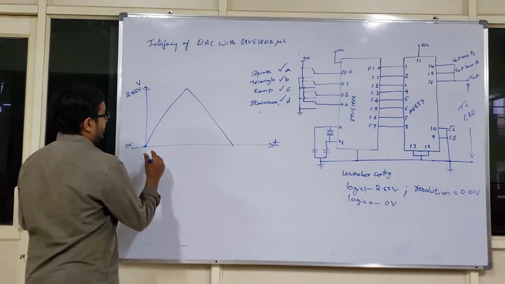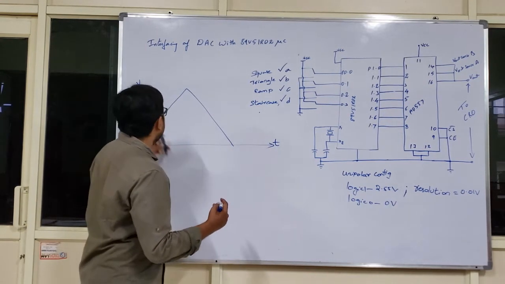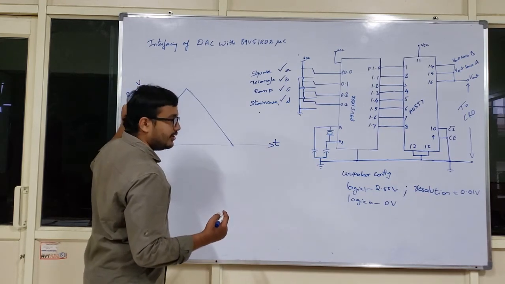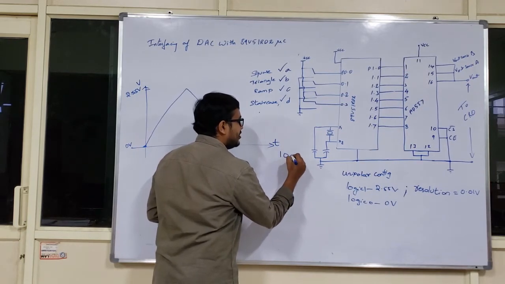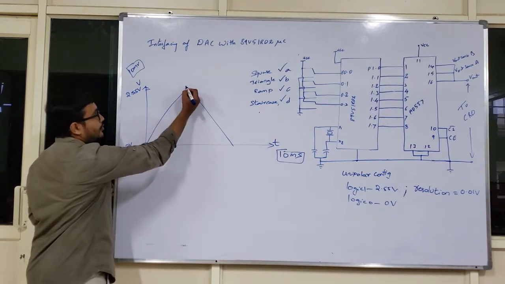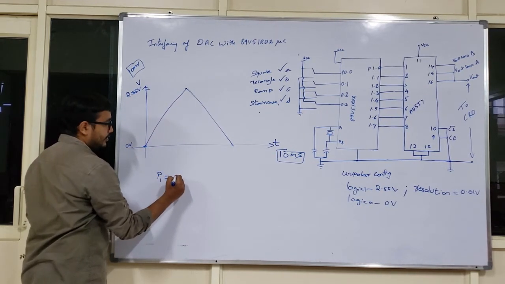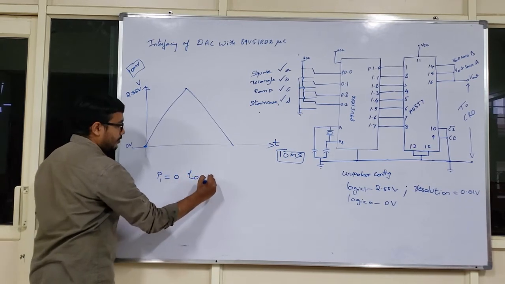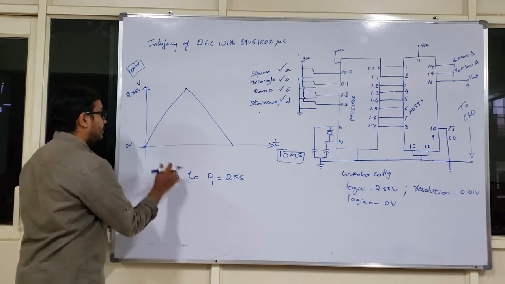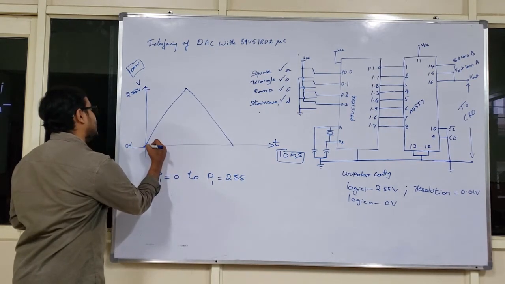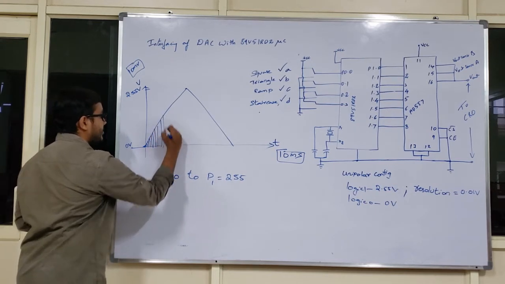I will assume a scenario where the voltage resolution is 10 millivolts. Let me also assume the time resolution as 10 milliseconds. From P1 equal to 0 to P1 equal to 255, how many instances do we have to go through?